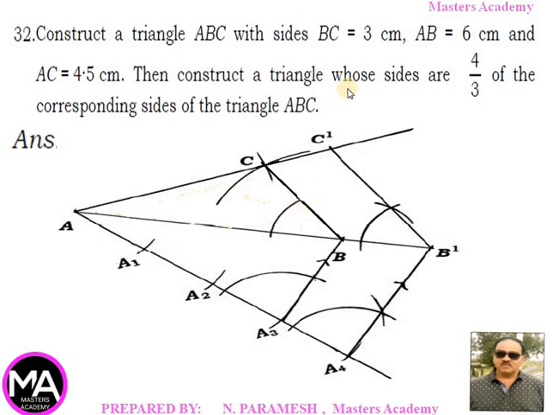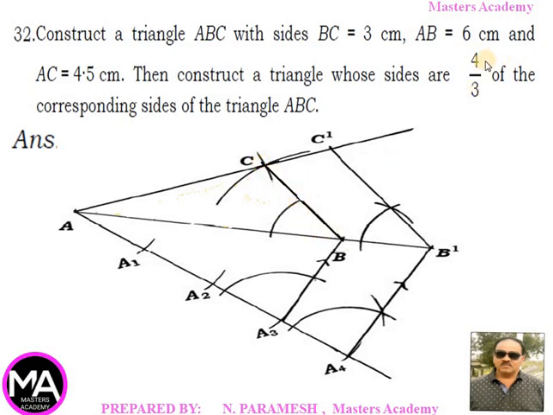With the help of compass, measure 3 centimeters, at point B draw an arc. Once again, measure 4.5 centimeters, at point A cut the arc. Then join AC, that is 4.5, and join BC, that is 3 centimeters.